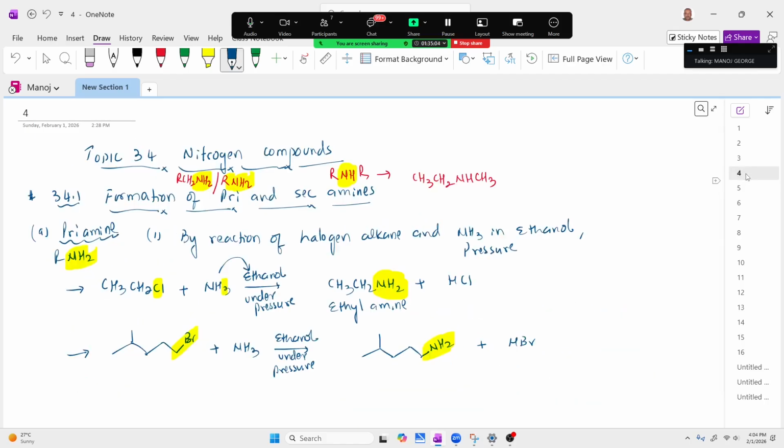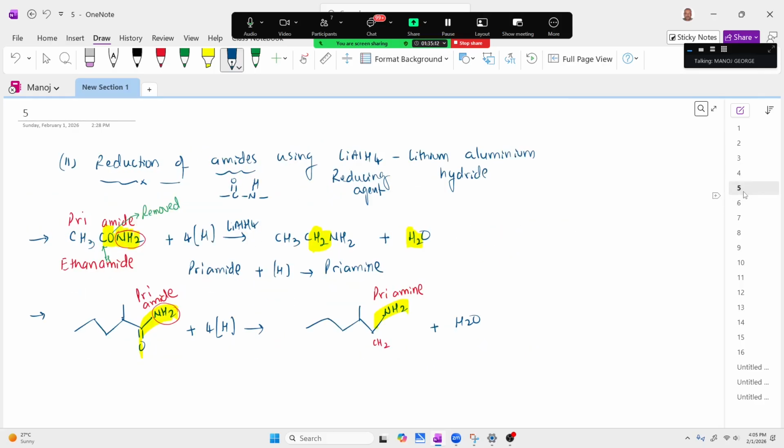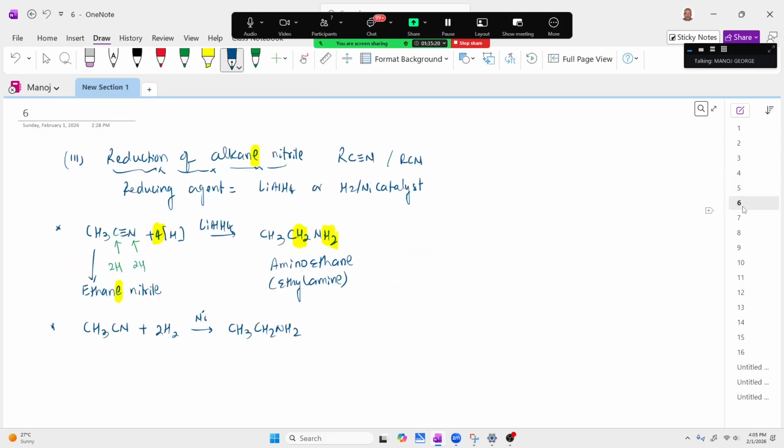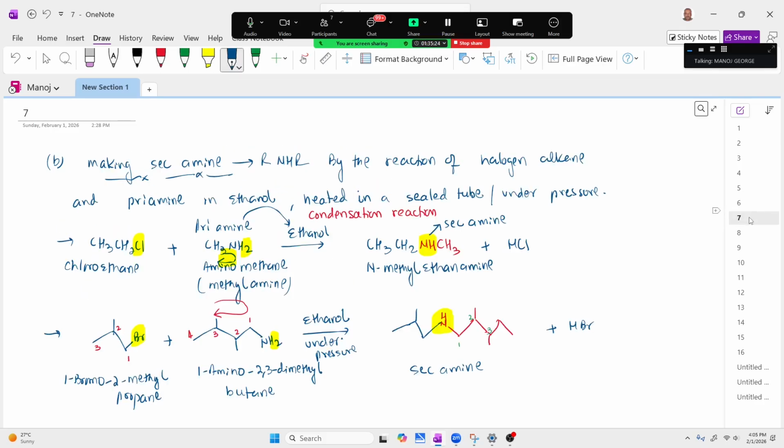How do we make primary amines? From ammonia and halogenoalkane. Reduction of an amide also gives primary amines, and reduction of alkane nitriles also gives primary amines. But the reaction of a primary amine with a halogenoalkane gives a secondary amine. That's the only way to get a secondary amine.